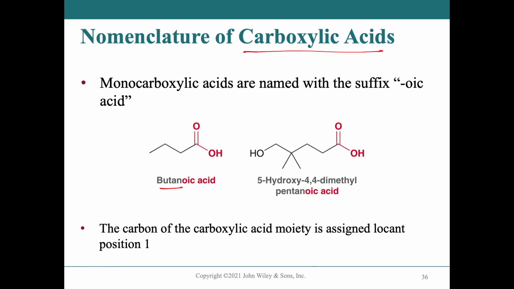And in this case, we give all carboxylic acids the ending of -oic, right? So instead of having butane here, if you have a carboxylic acid, by the way, a carboxylic acid is a carbonyl group, right? This carbonyl group here. I don't know why I messed that up.